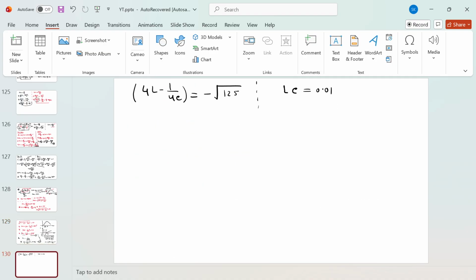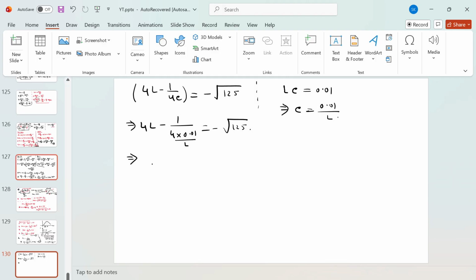So I can put C equal to 0.01 by L. So 4L minus 1 by 4 into 0.01 by L equals minus root 125. Taking L common, 4 minus 1 by 4 into 0.01 gives 25, so L times (4 minus 25) equals minus root 125.